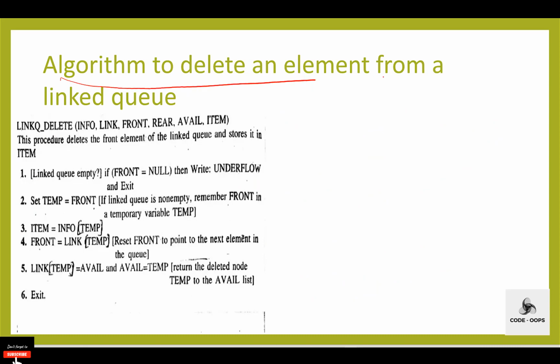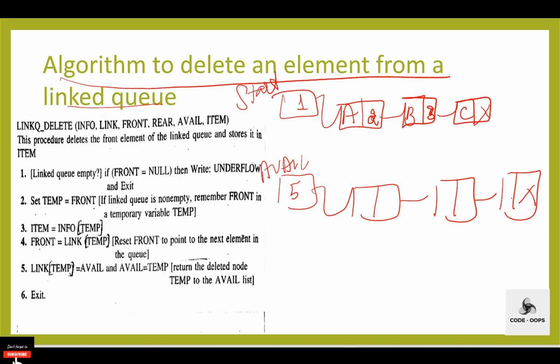Next is the algorithm to delete an element from a linked queue. Linked queue delete is the name of the algorithm. Info is the information part of a node, and link is the address pointer field of a node. The front pointer contains the address of the starting element of the queue.